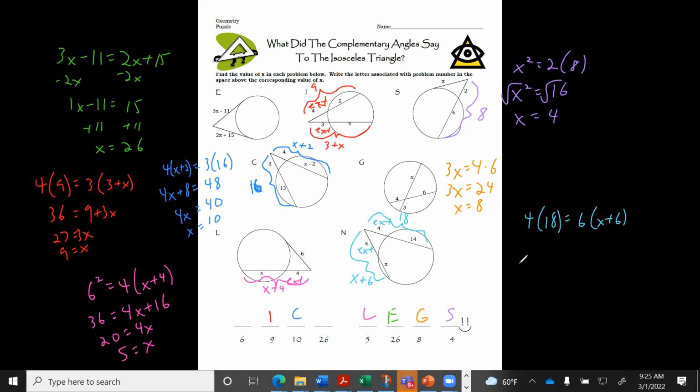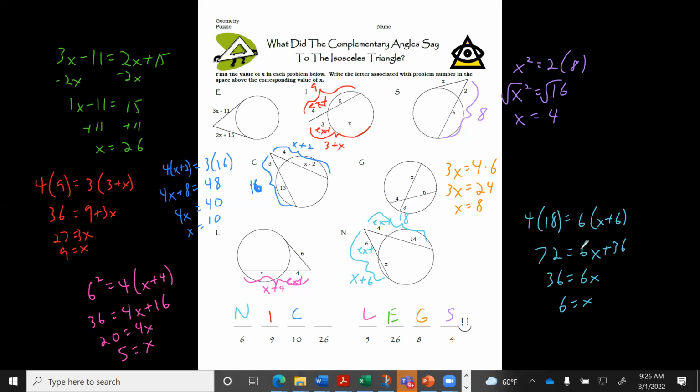Again, each time is exterior times the whole. 4 times 18 is 72. Distribute the 6, that's 6x plus 36. Subtract 36, you're left with 36. Divide by 6, you get 6. So N is 6.